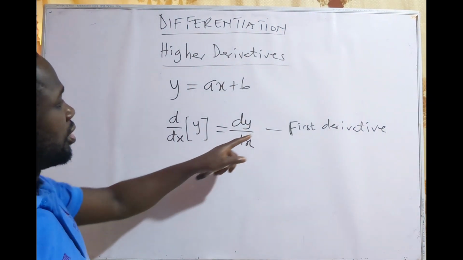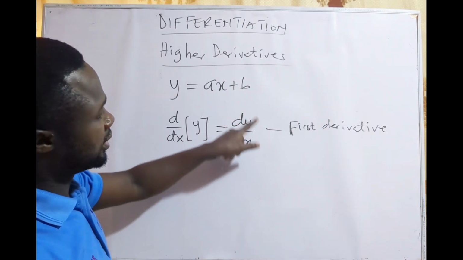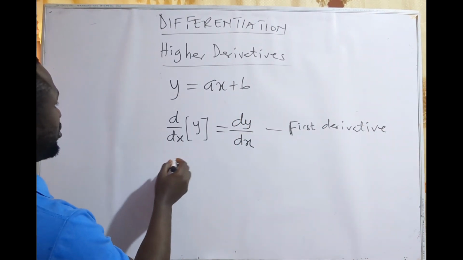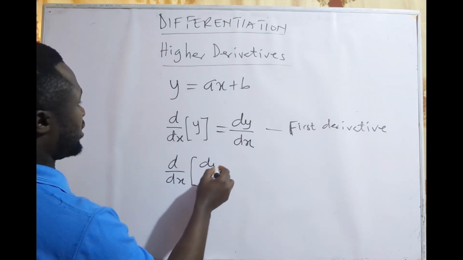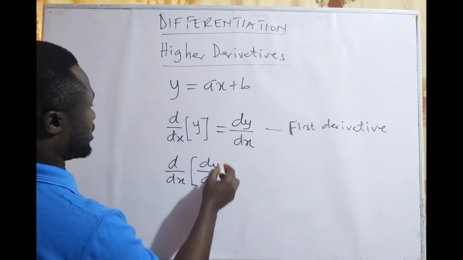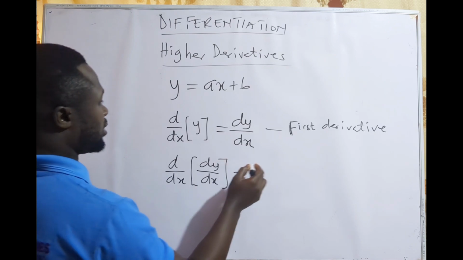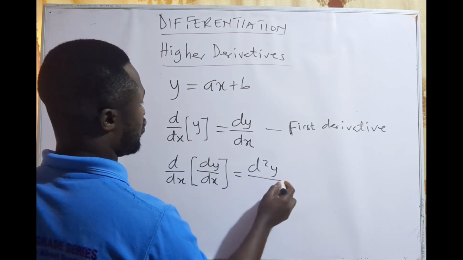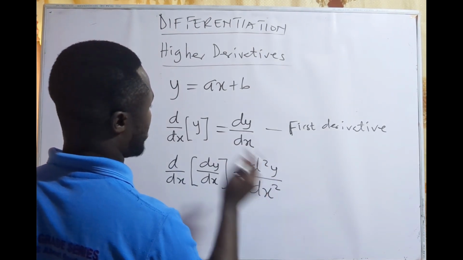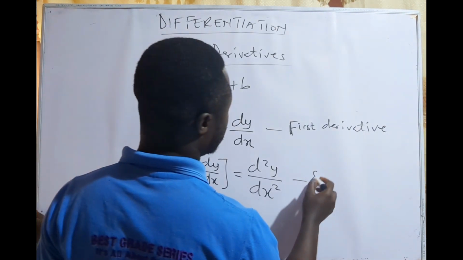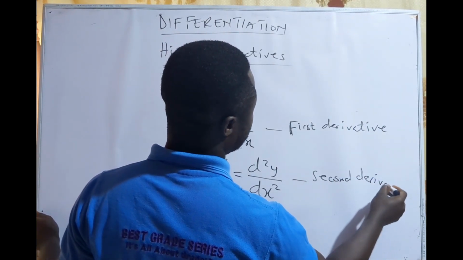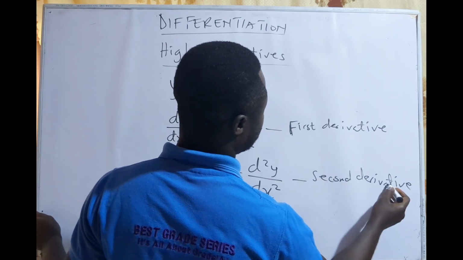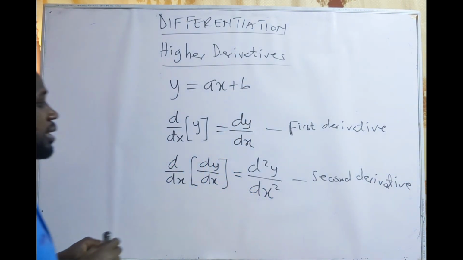If I want to further differentiate this, that can be d/dx of dy/dx, and this can be written as d squared y over dx squared. And this is the second derivative.